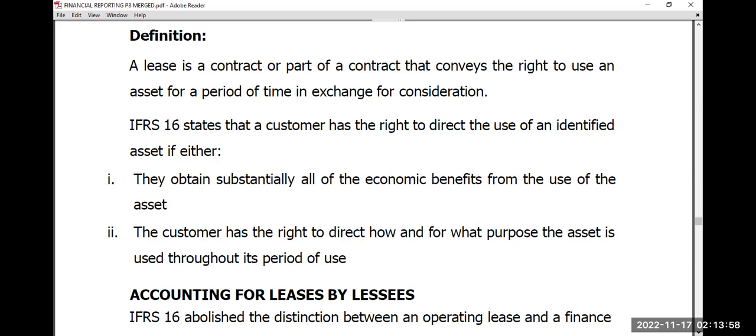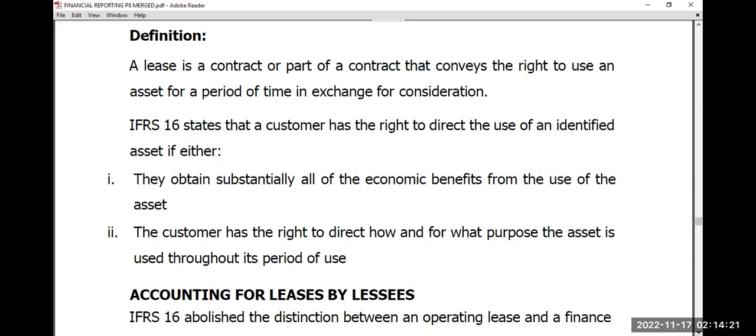The lease period is actually the duration of the lease. If you have acquired the asset and the asset is going to be with that person for maybe 5 years, or 10 years, that's basically what we mean.